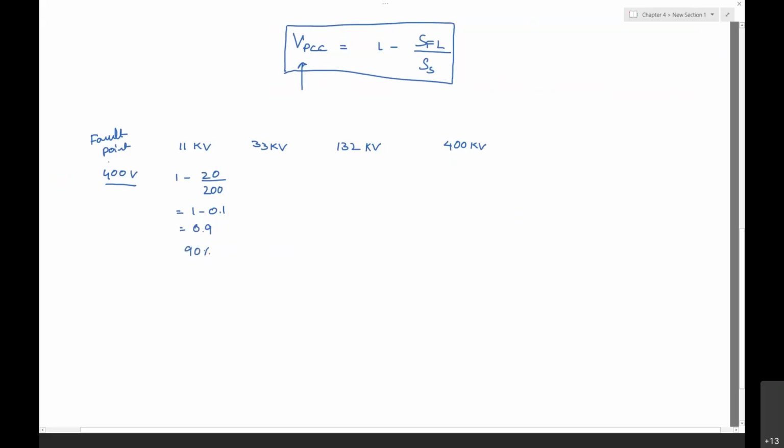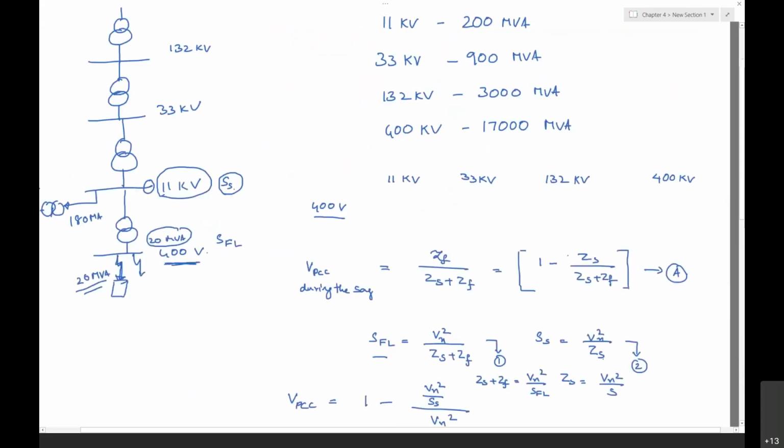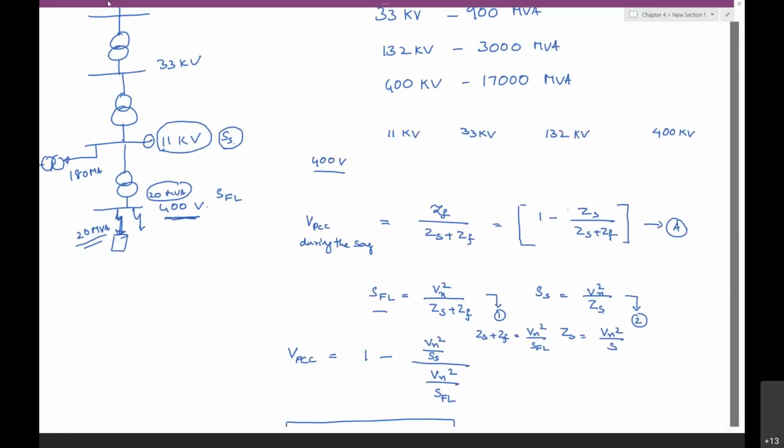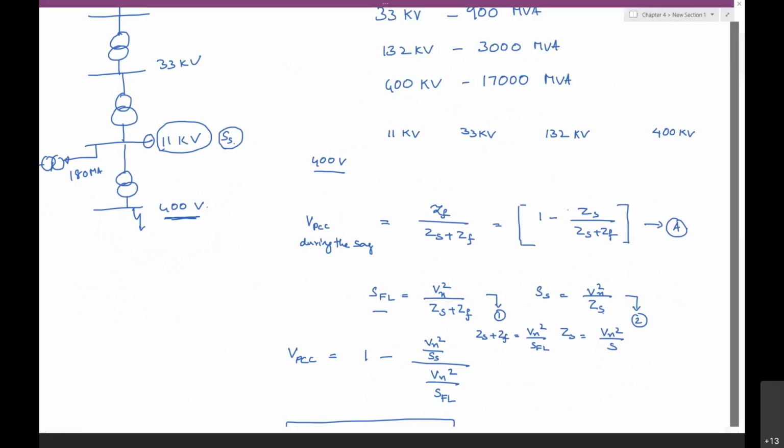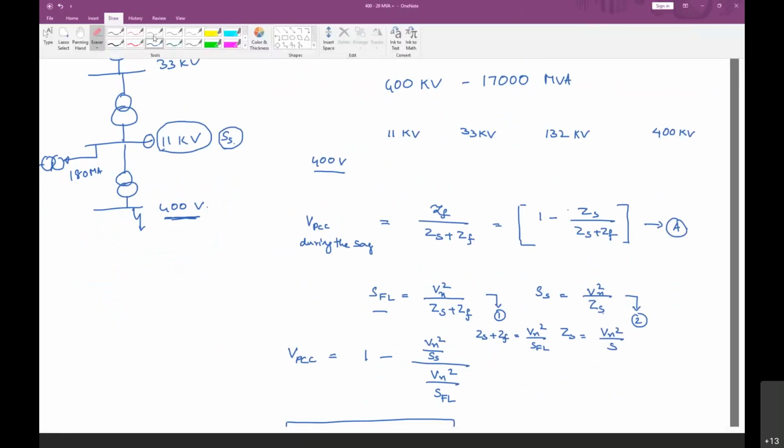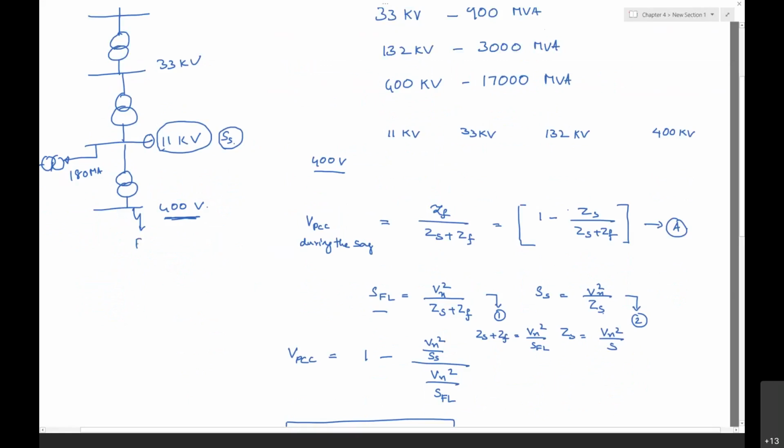Whereas at 400 volts, if you are measuring the voltage, it will be a dead short. If the fault has occurred at 400 volts and you are measuring the voltage there, the voltage becomes 0 volts only. Here we get 90%.